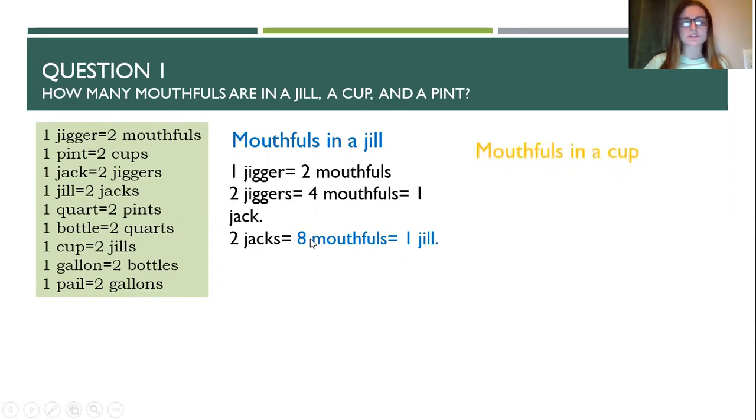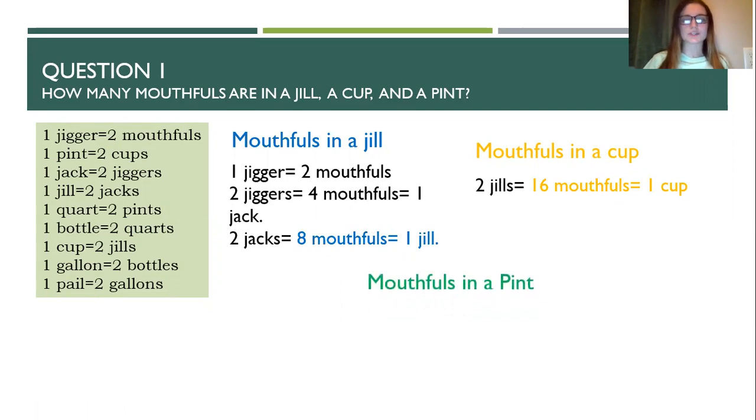And 8 times 2 is 16. So 16 mouthfuls are in 1 cup. And now, to find out how many mouthfuls are in a pint, we will double 16 mouthfuls, which is 32. So now we have 32 mouthfuls in 1 pint.